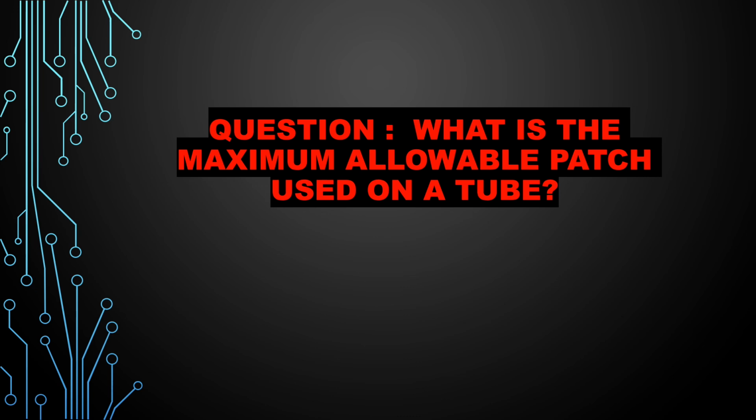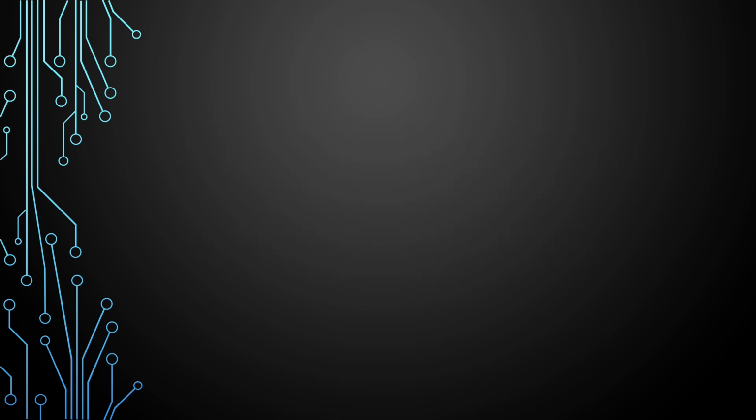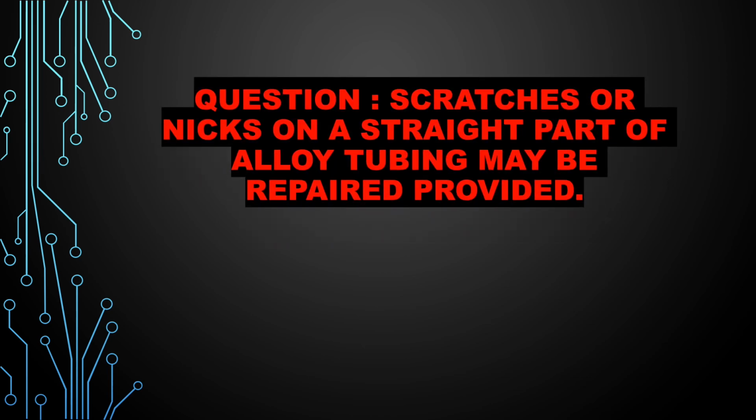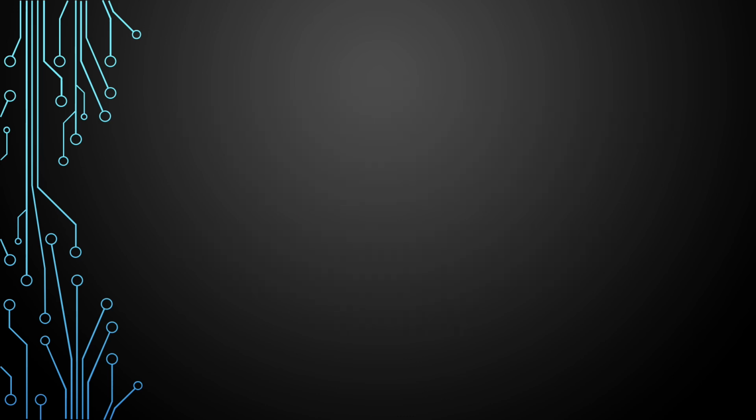Question. What is the maximum allowable patch used on a tube? Answer. 1/2 of the tube diameter. Question. Scratches or nicks on a straight part of alloy tubing may be repaired provided. Answer. They are not deeper than 10% of the wall thickness.